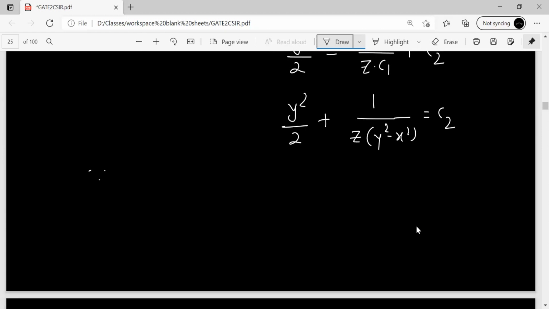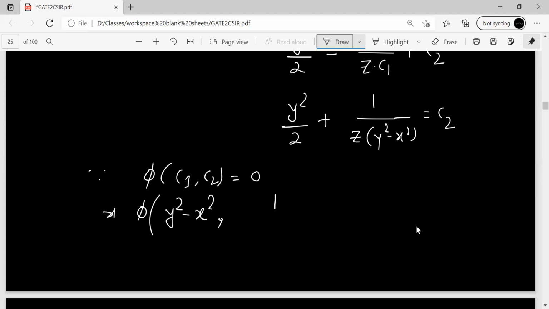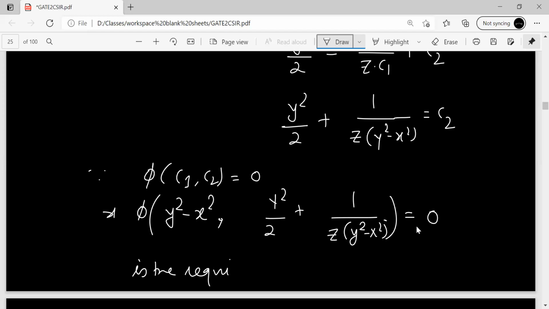So since phi of c1 comma c2 is 0, this implies phi of y square minus x square comma y square over 2 plus 1 upon z times y square minus x square equals 0.